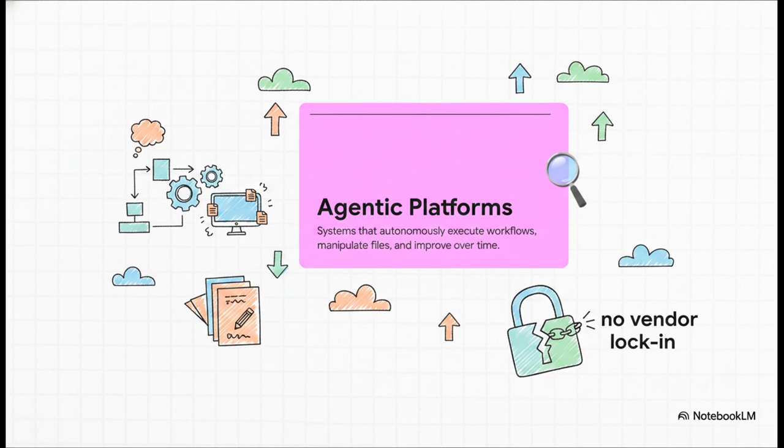They manipulate local artifacts, which is just a fancy way of saying they read, edit, and create actual files right on your computer, like your markdown text documents. And the kicker here is that they do this locally, which means zero vendor lock-in. You're not trapped inside some proprietary app. You own your raw files, and the AI is literally just acting as your lightning-fast executive assistant, continuously organizing your work and automatically improving over time.